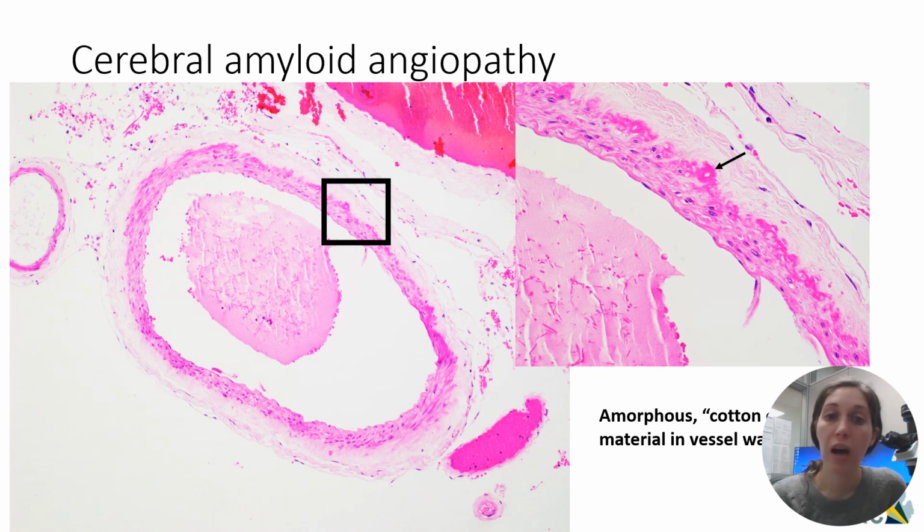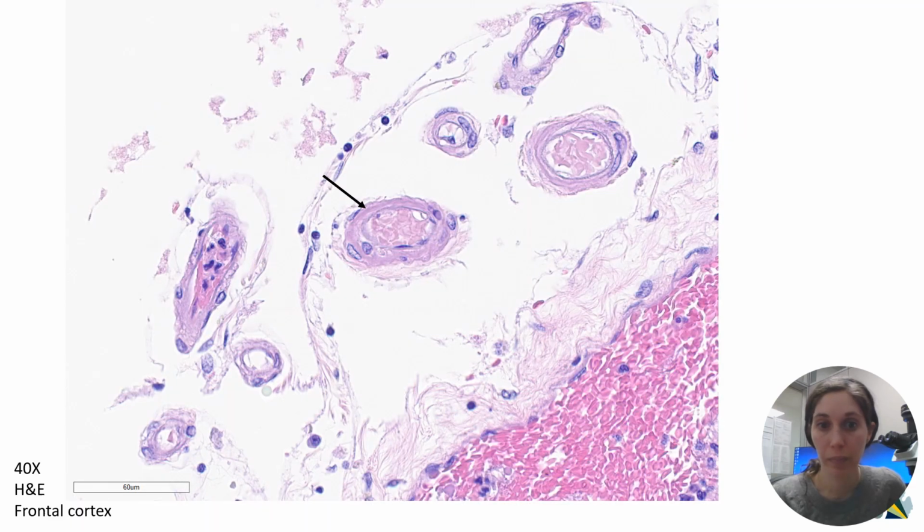And now if you look over on the right, you can see there's a close-up of the vessel wall, and you can see this smooth muscle layer. And then right outside the smooth muscle layer, there's this accumulation of very bright pink material. And you'll notice it doesn't really have any structure to it. It almost kind of looks fluffy. All right, so that is a nice example of cerebral amyloid angiopathy. The pink stuff is the amyloid.